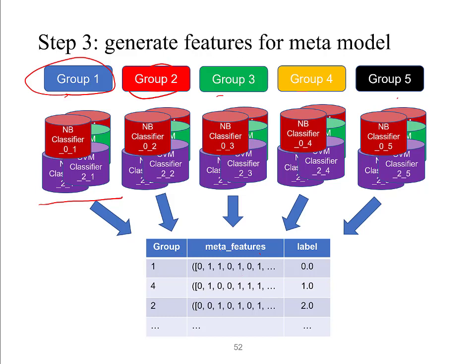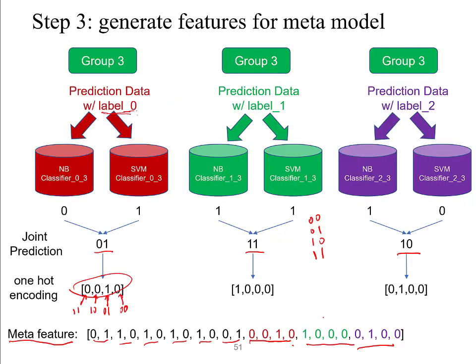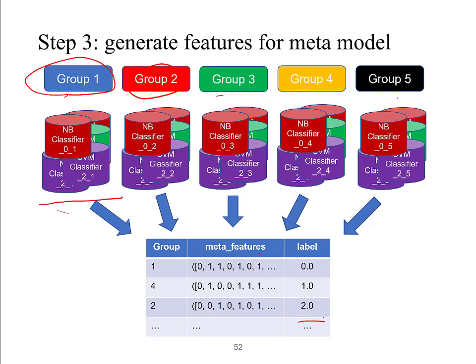The meta features come from these base classifiers, and the group and the labels are what we have generated before. So this is step 3, how we generate features for the meta model in order to train the meta classifier.